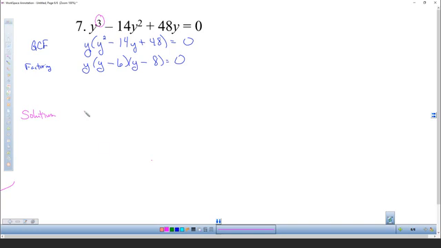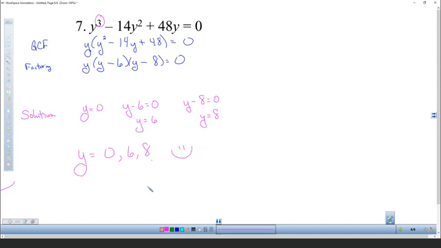That is correct. y equals 0. y minus 6 is equal to 0, which gives me y is equal to 6. And I set y minus 8 equal to 0, which gives me y is equal to 8. And so my 3 solutions are 0, 6, and 8.